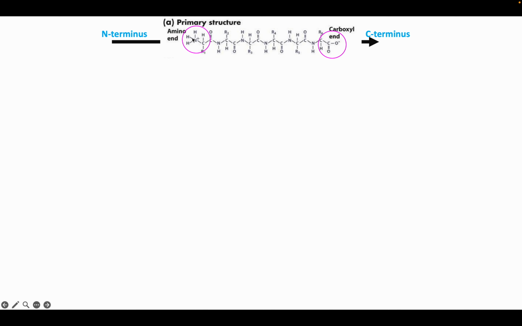The very first amino acid that's incorporated into a protein has one end that's not involved in a peptide bond, and that is the amine group that's hanging out on the end of it. And so we call this, because it's an amine group and it has nitrogen in it, the N terminus, okay? On the other end, the last amino acid that's been incorporated has a carboxyl group that's not involved in a peptide bond. And since that begins with a C, we call it the C terminus.